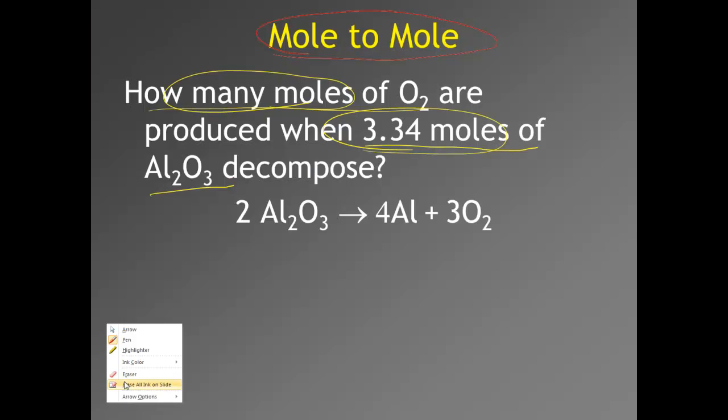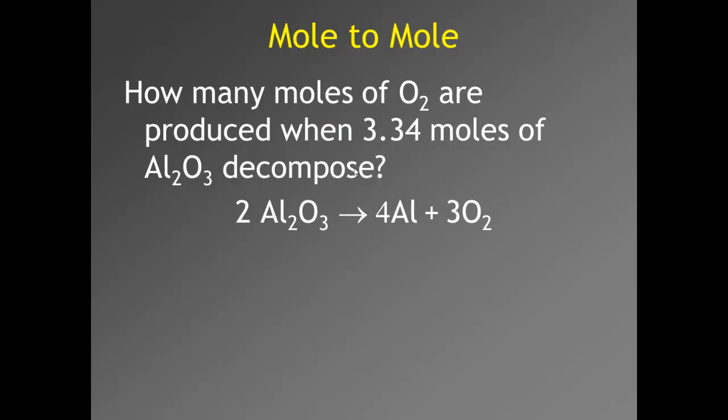So let me clean up my ink here. I am looking for moles of O2 and I'm given 3.34 moles of aluminum oxide to start. So that's what I'm going to start with, 3.34 moles of aluminum oxide.